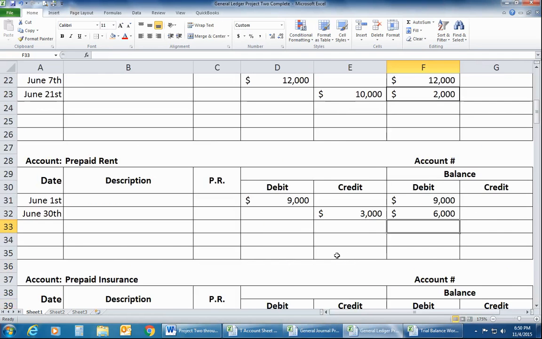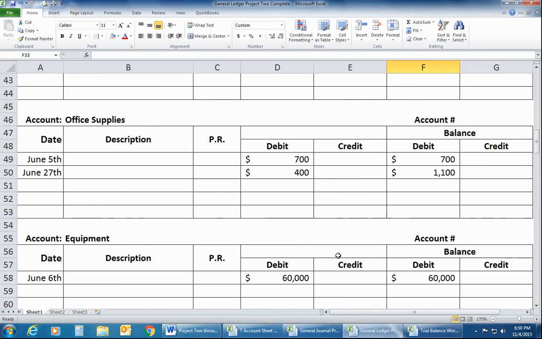So if we find our office supplies account, we're going to see that the balance when we left off was $1,100. But here on June 30th, we're going to put in an entry that credits this account by $1,000. It's still going to have the balance on the debit side, but the balance now is only going to be $100.